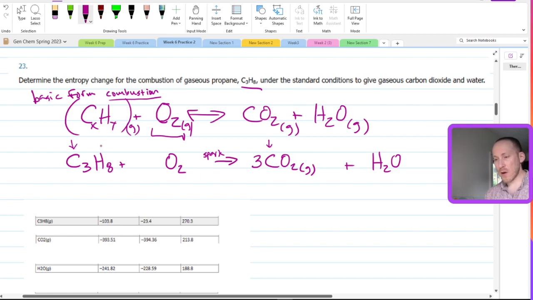Concurrently, let's just note that we've got 8 hydrogens on this side. There's only 2 hydrogens right here, so we're going to need at least 4 H2Os. I just balanced the C's and the H's, but now we have way more oxygens on the right side than we have on the left side. So let's look right here really quick. We have 6 oxygens right there, and here we have 4.